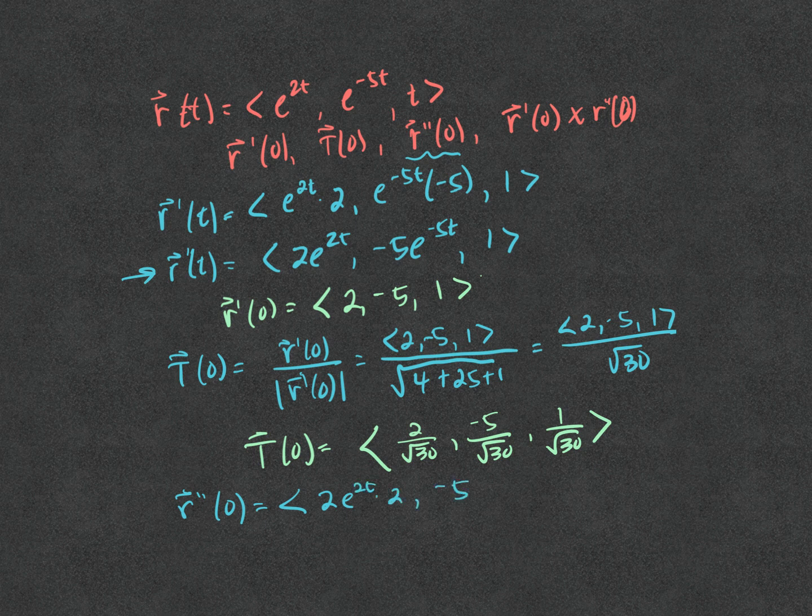And then I have negative 5 e to the minus 5t. The derivative of e to the minus 5t is e to the minus 5t times minus 5. And the derivative of 1 is 0. So our second derivative is, this is not at 0, this is at t. Let's fix that notation here. This is at t.